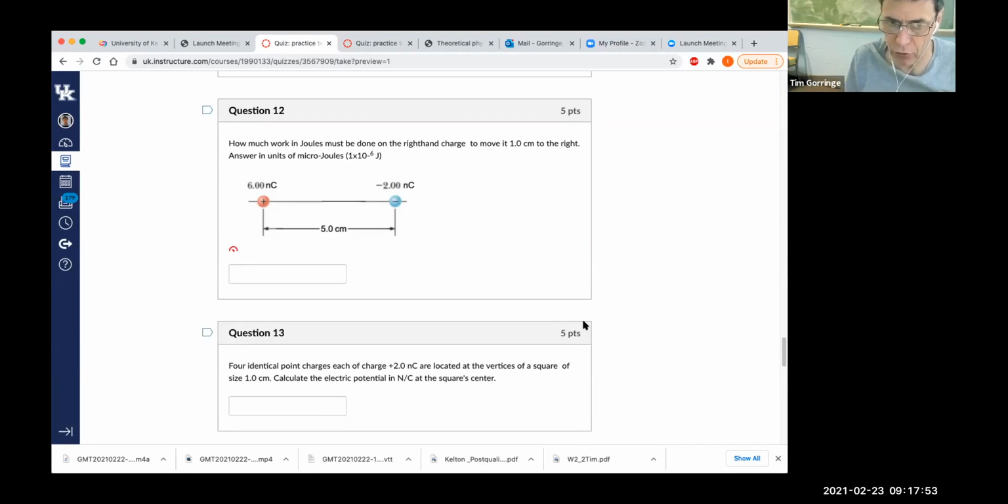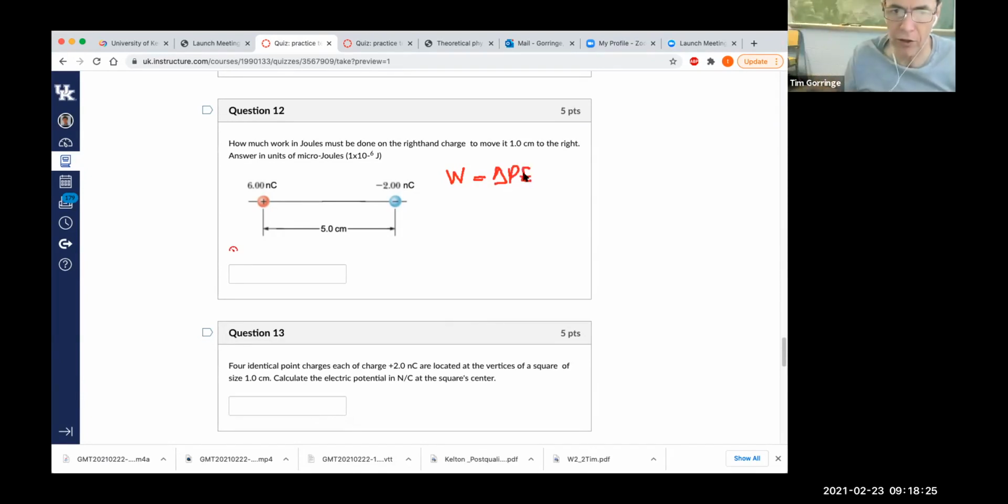And to separate them further from 5 centimeters to 6 centimeters, we need to push them apart. We need to do some work. And the amount of work that we do as we push these charges apart, so this is the work I'm going to do, is going to be the change in stored electrical potential energy.